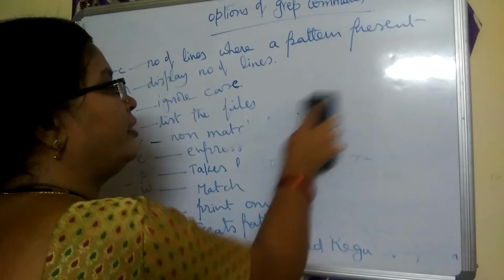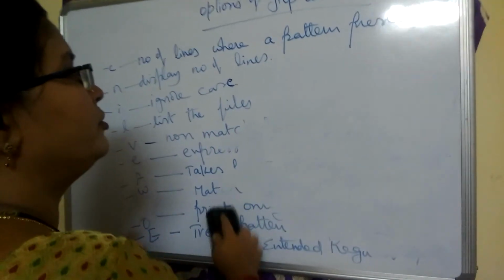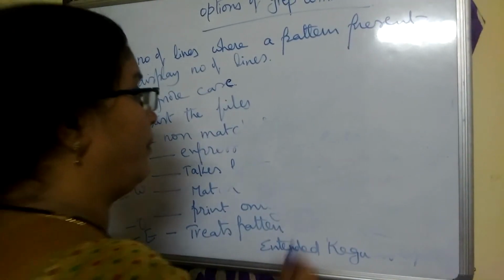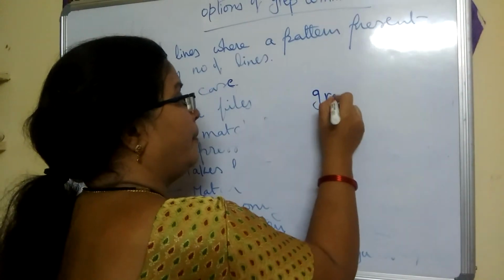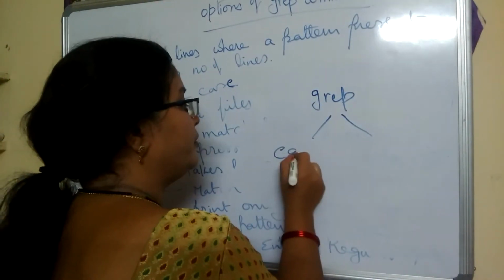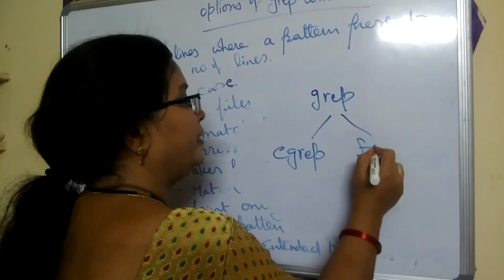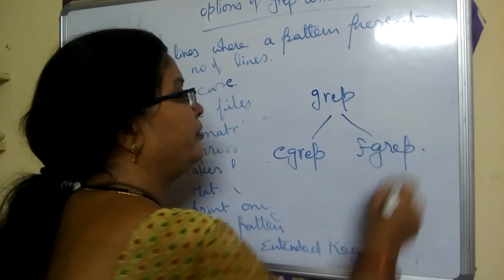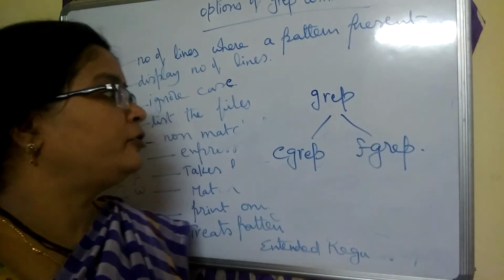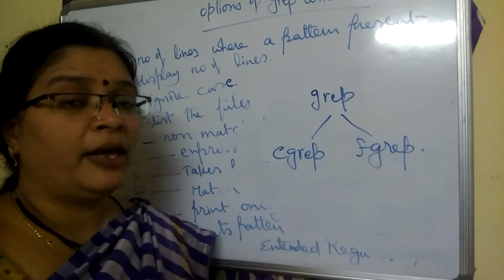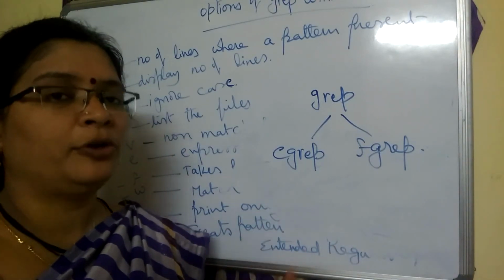See, I will draw the variations: the grep command is divided into two types. The first is extended grep, and the next is fgrep, which stands for fixed grep.